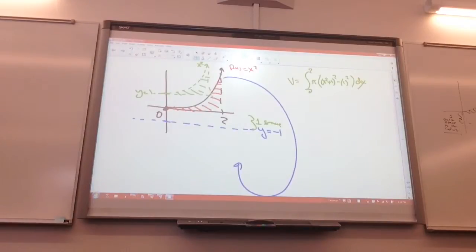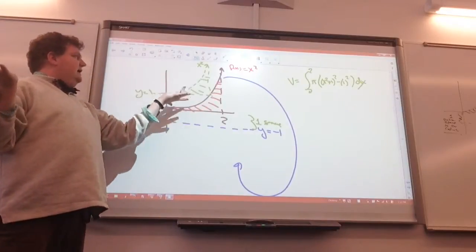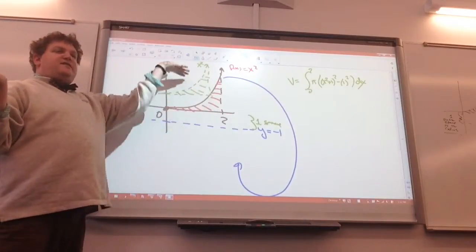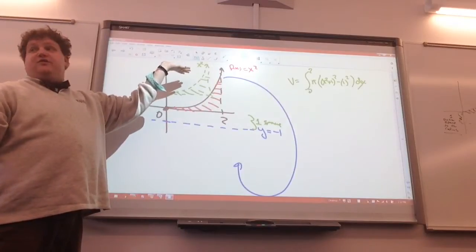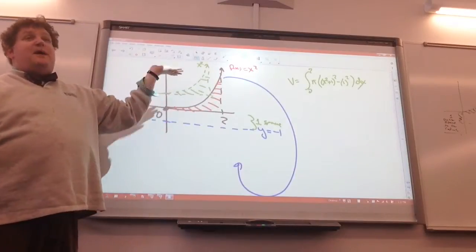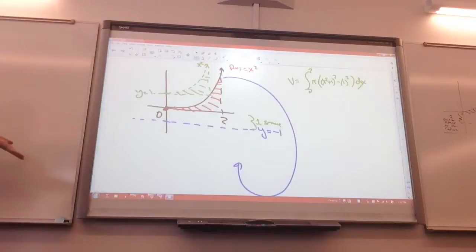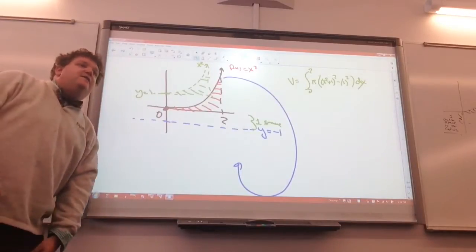And so I want to push it back up to the x-axis, which means I have to lift everything up by 1, don't I? If I lift everything up by 1, this thing gets lifted up by 1, that's why it becomes x squared plus 1. The x-axis gets lifted up by 1, so it becomes the line y equals 1. And the line y equals negative 1 becomes the x-axis.